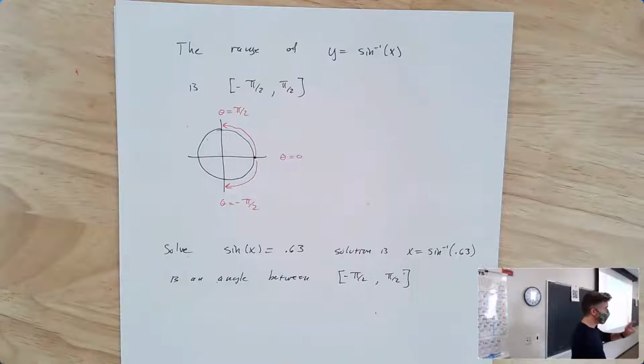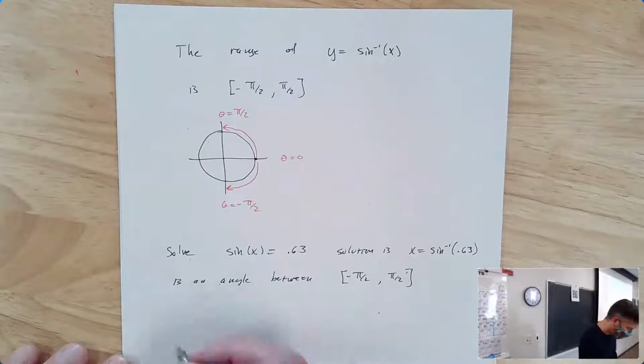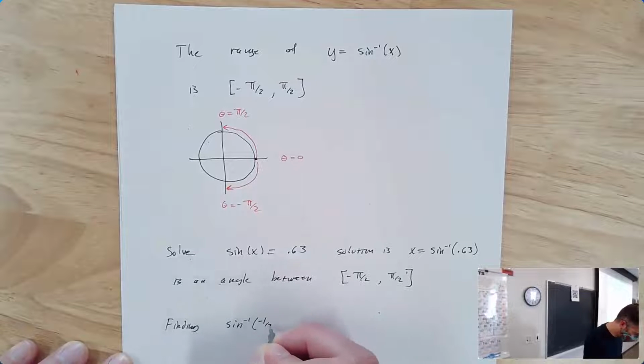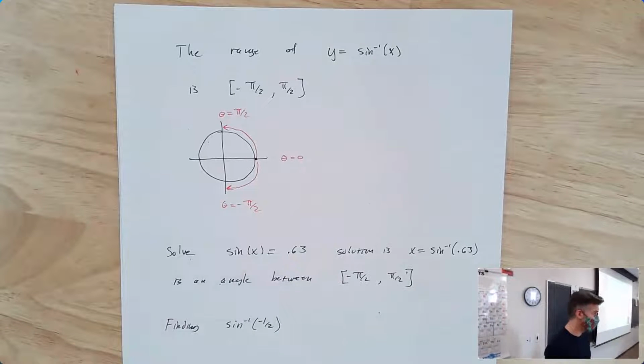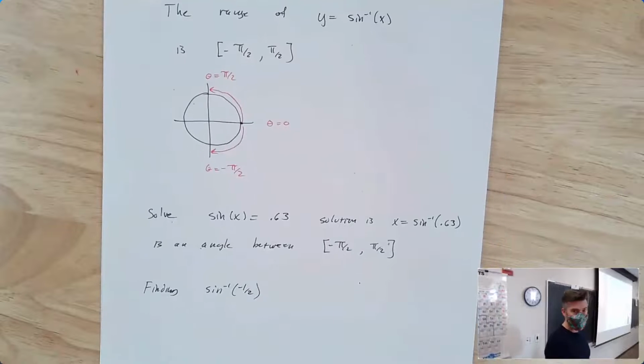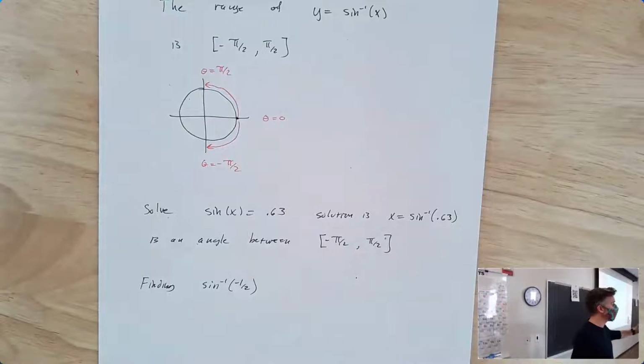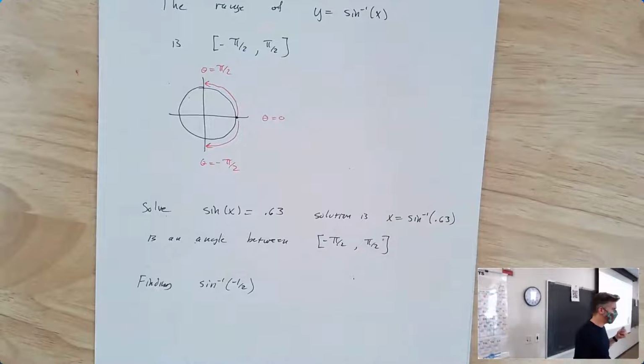I do want to differentiate. Finding, let's say, the inverse sine of negative 1/2. So again, what does that say? It says I'm looking for the angle where sine is equal to negative 1/2. So what angle is that? Is it pi over 6 or pi over 3? I should say, what reference angle is that? Pi over 6.